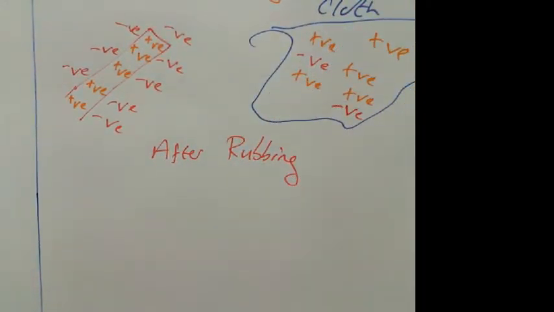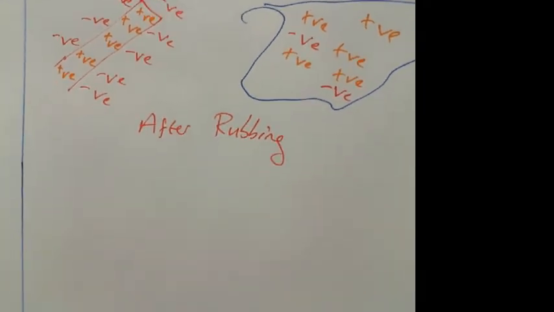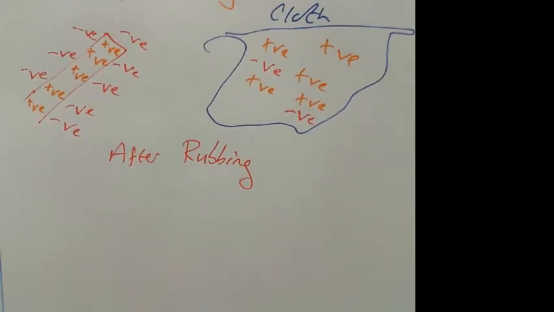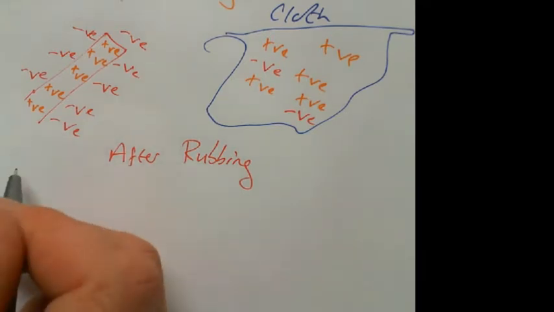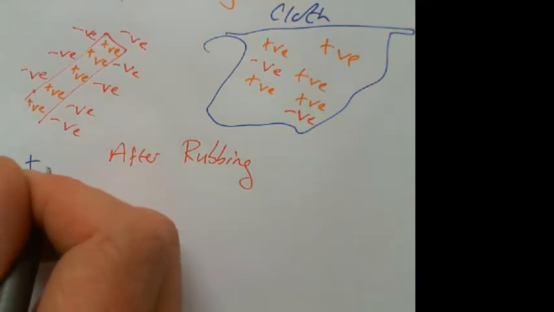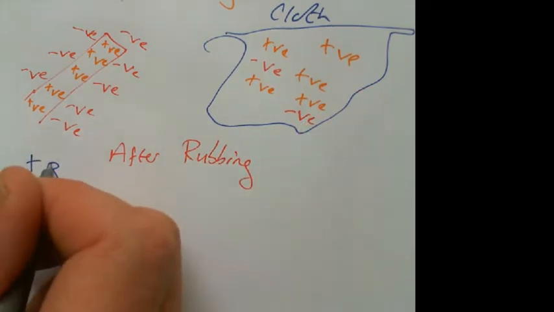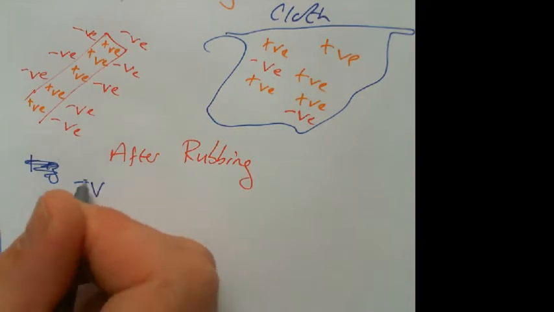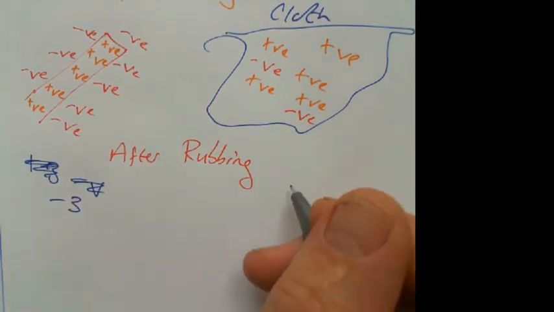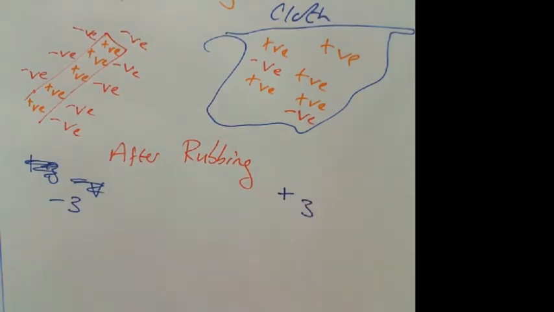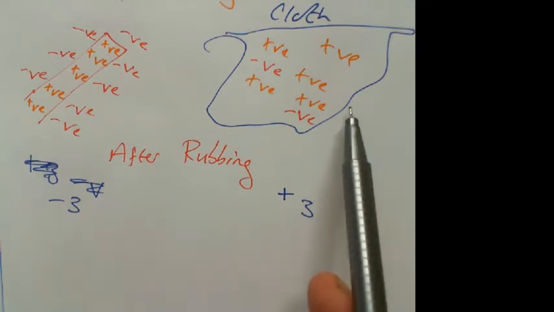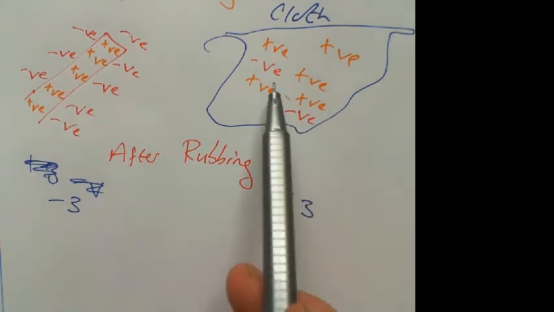So if we were to add them up, what we'd be saying is that this one's now got a -3 charge, and this one has got a +3 charge. And the reason why this one's got the positive charge is because it lost 3 electrons.